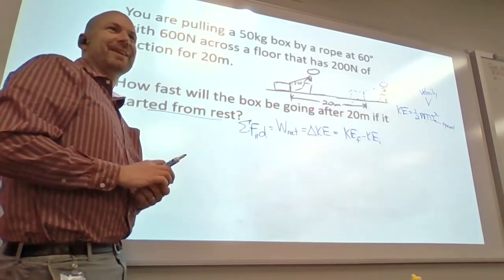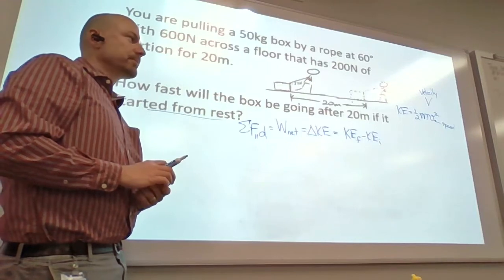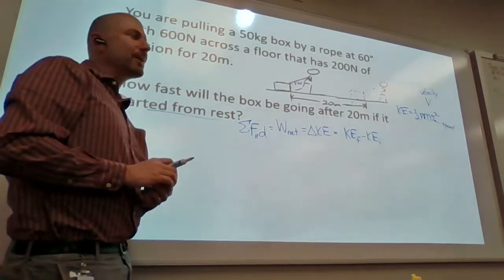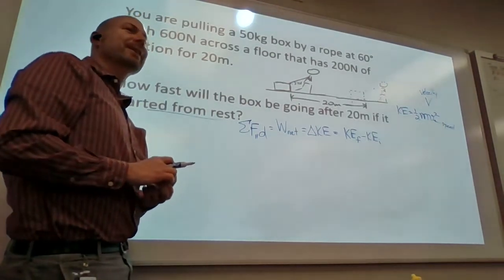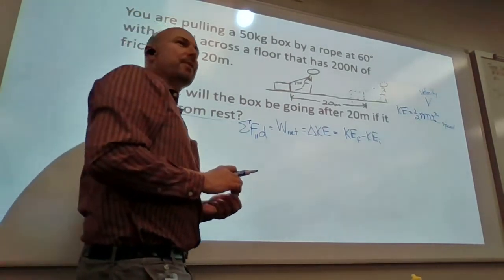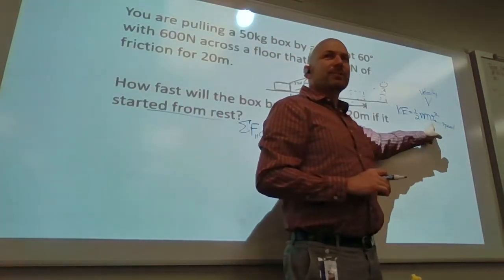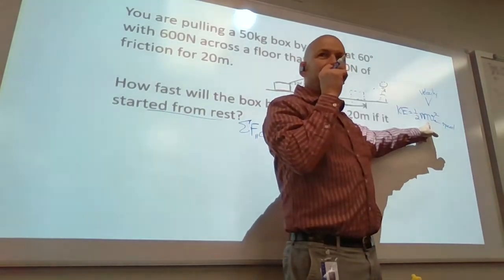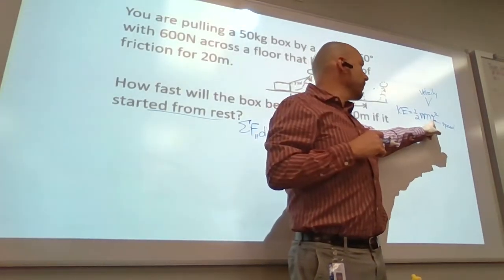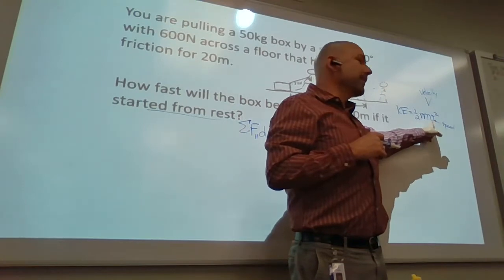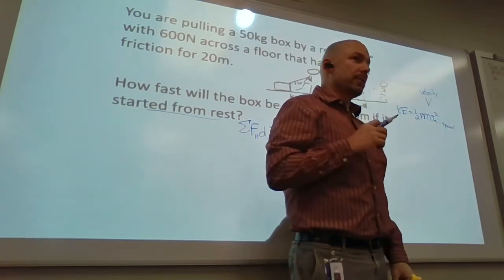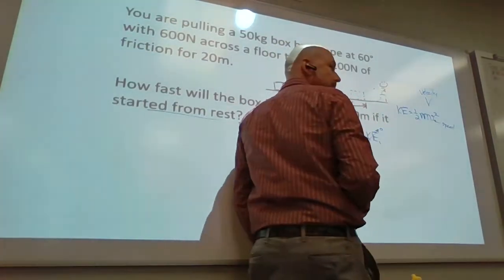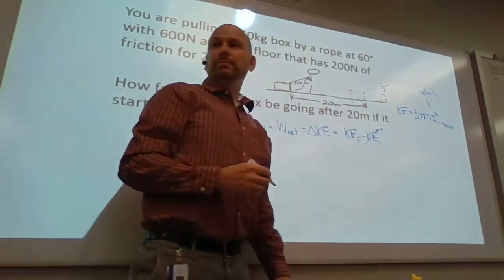Elliot: Put 0 in for initial kinetic energy. Why would I want to put 0 in for initial kinetic energy? Because it's influenced by speed. Does that make sense? Okay, if your speed is 0, then your kinetic energy is also 0. So this initial kinetic energy is 0.